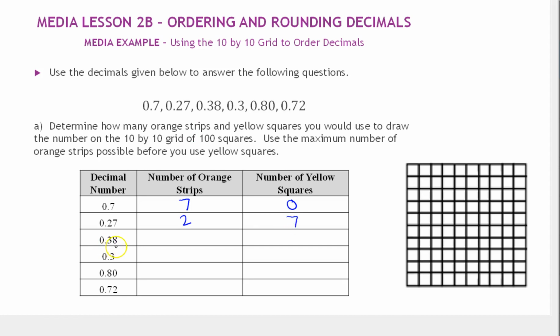Continuing, 0.38 is 38/100 or 3/10 and 8 yellow squares. 0.3 is 3/10, which is 3 orange strips and 0 yellow squares. And I think you're probably getting the gist. 8 orange strips, 0 yellow squares, and 7 orange strips and 2 yellow squares.